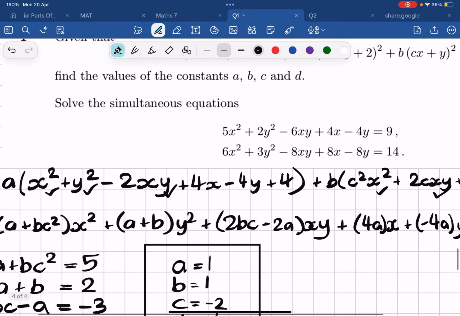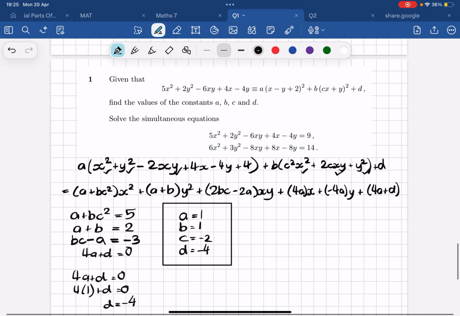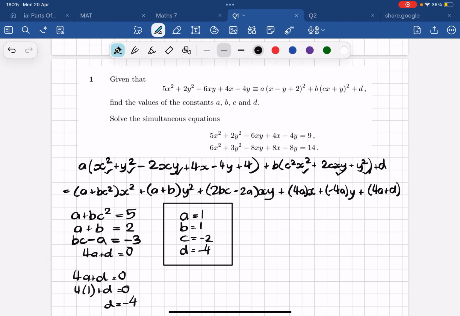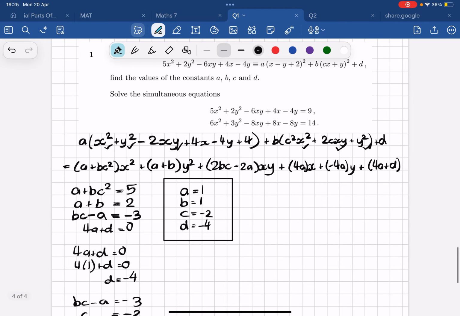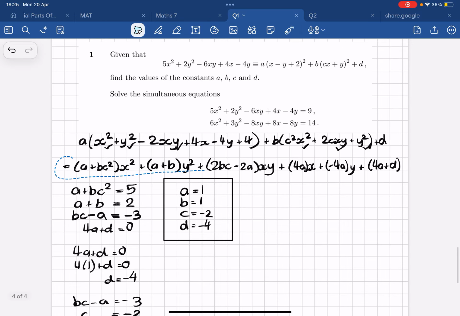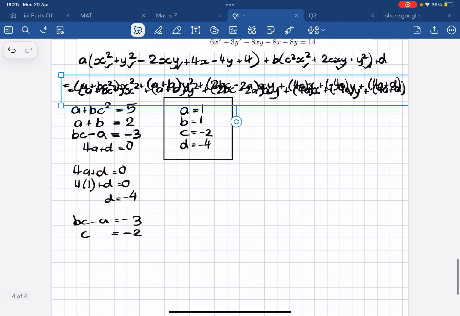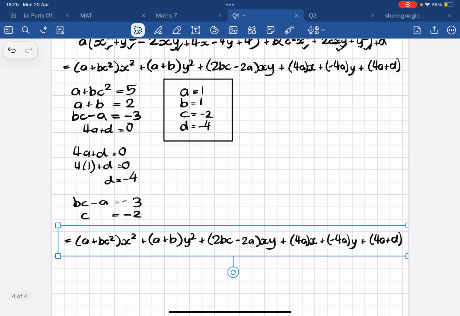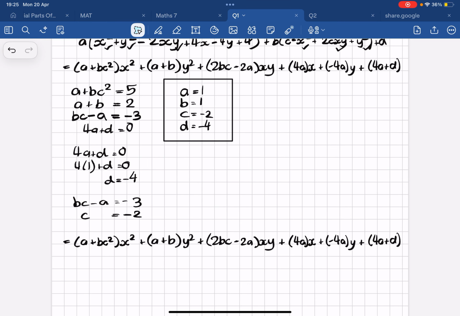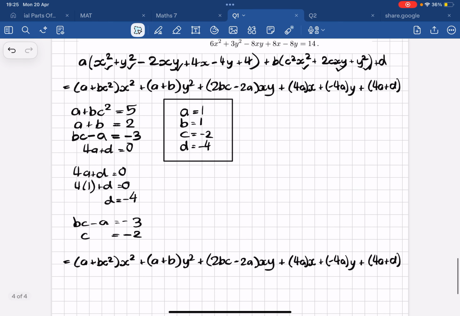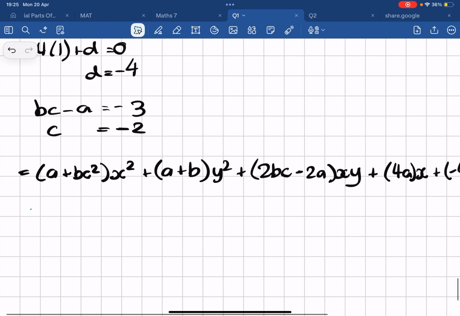So let's check. We know the expanded form of the right hand side here, we've just expanded that. So let's drop that down and compare with our second equation. Let's see, we've got 6 is equal to a plus bc squared.